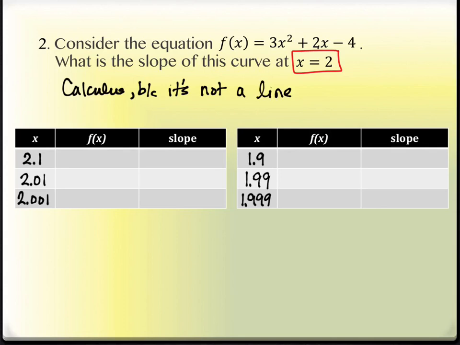So everybody's screen should look kind of like that, with empty columns, and it should say X and Y1 at the top. Okay, does anybody's not look like that? Okay, now we can put in 2.1, 2.01, and so forth.